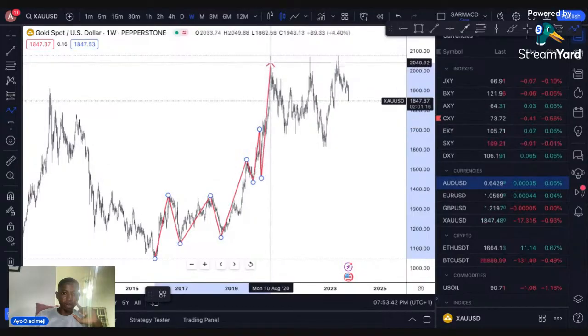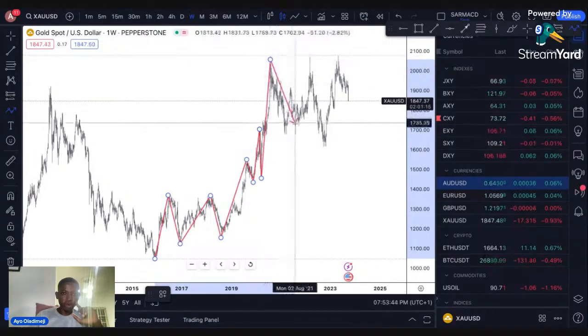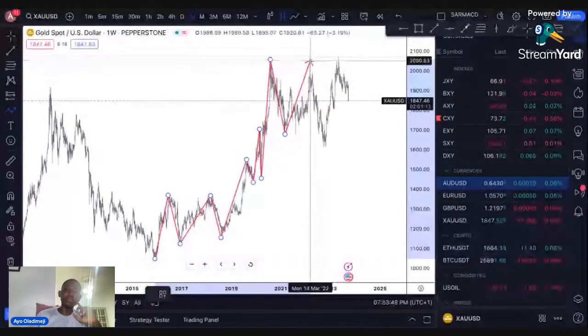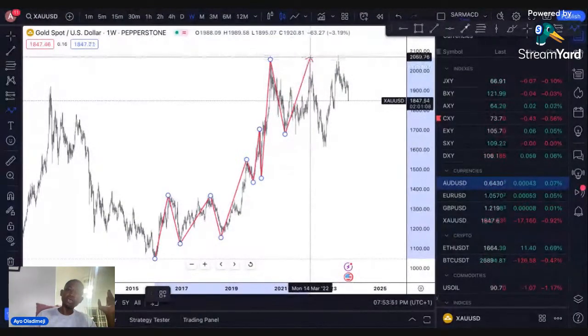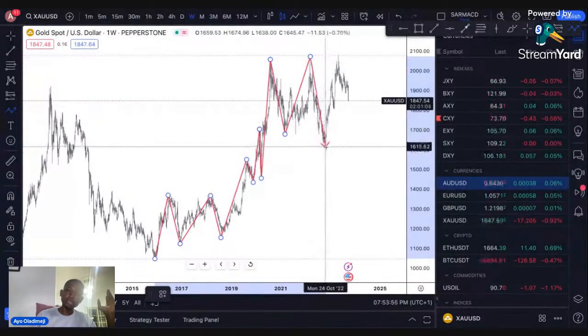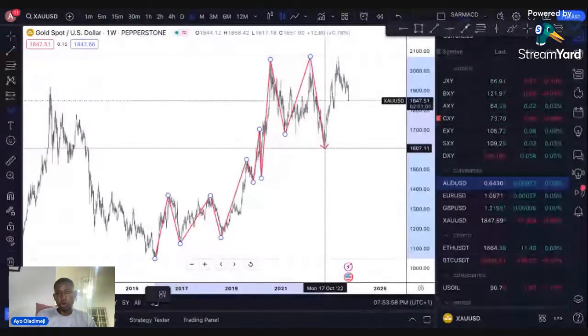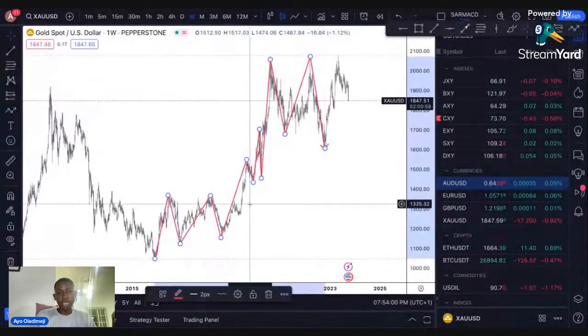And then we have this impulse again. We have this correction, and since that time, we have been having double tops, or what we call equal highs. Okay, so we have been having equal highs.